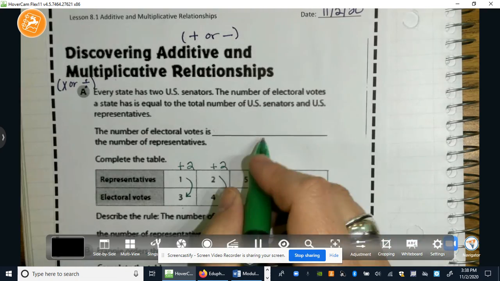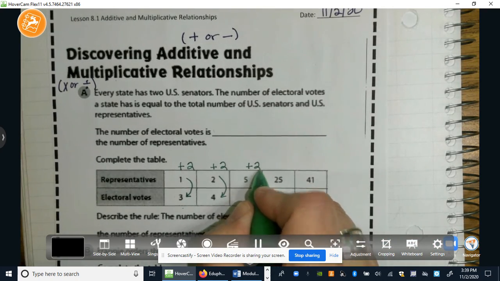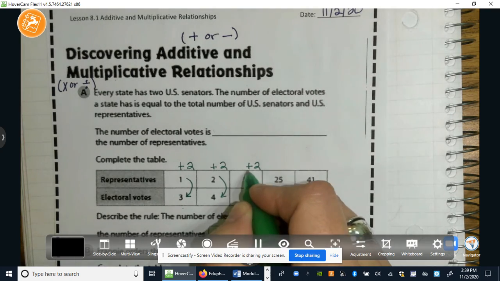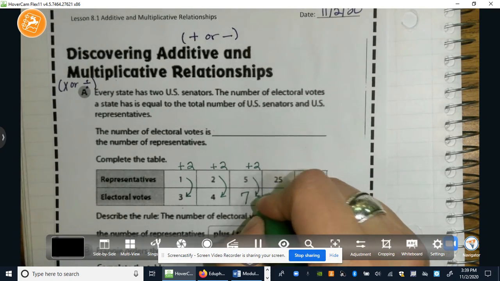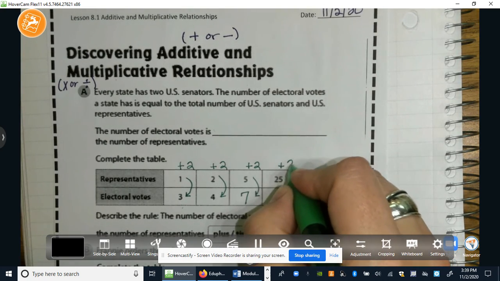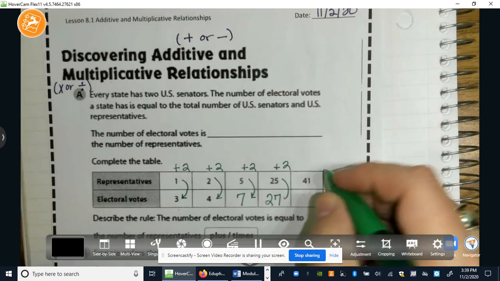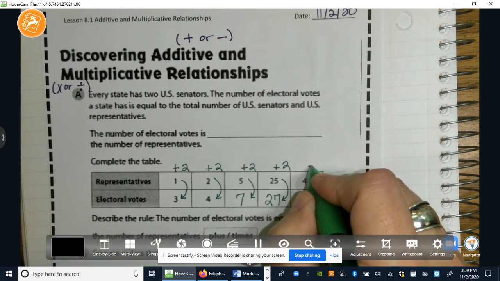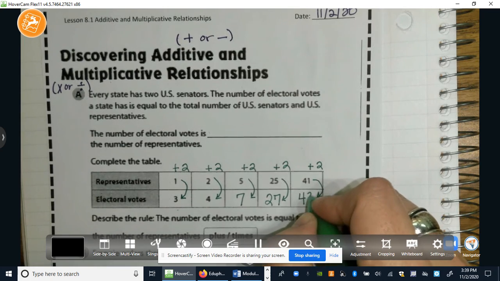Okay, so that works. So then that must be my rule. So we need to add 2 each time. 5 plus 2, well, that gives me 7. 25 plus 2, that gives me 27. And 41 plus 2 gives me 43.